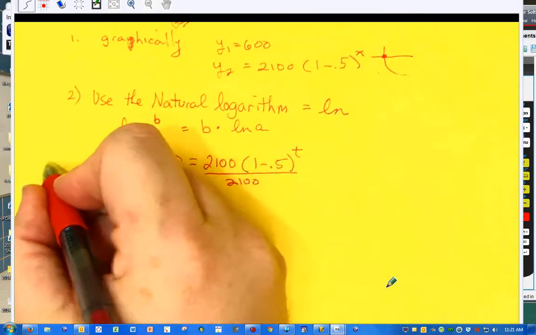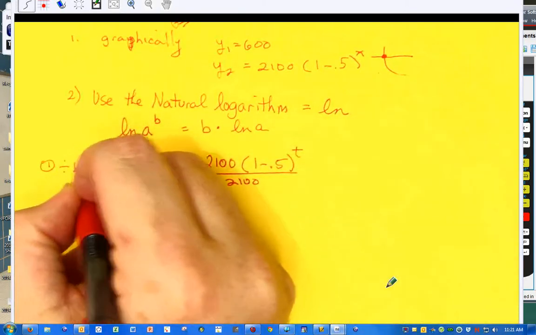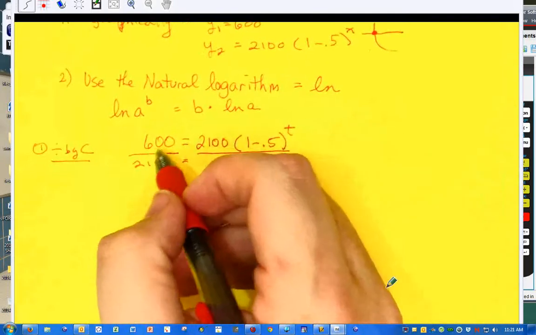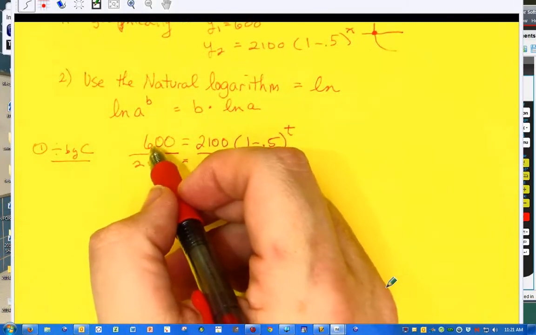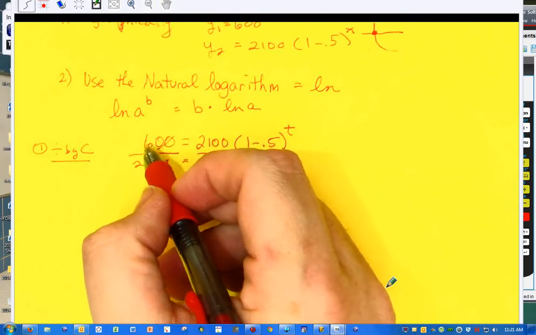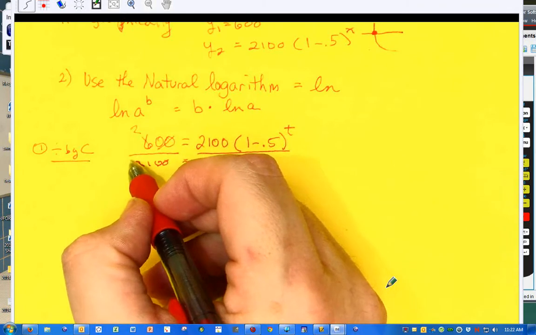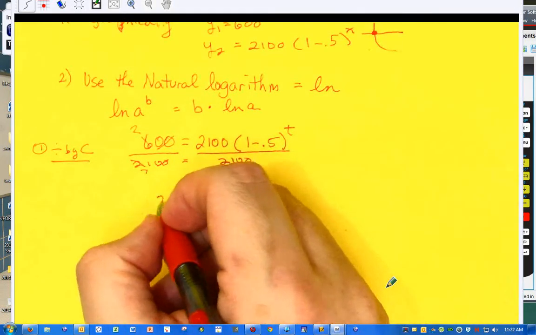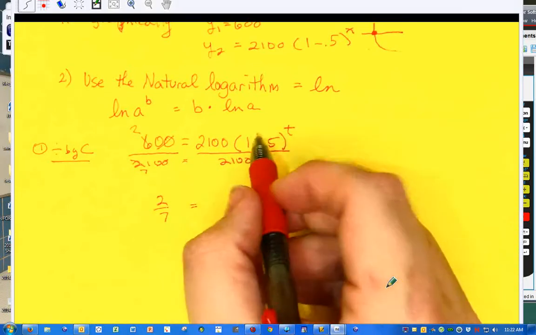So you could divide out those zeros, so those zeros divide out. A 3 goes into a 6 2 times. How many times does 3 go into 21? 7. So this is equal to, now what's 1 minus 1/2? What's 1 minus 0.5? 0.5 to the t power. So I did some division.